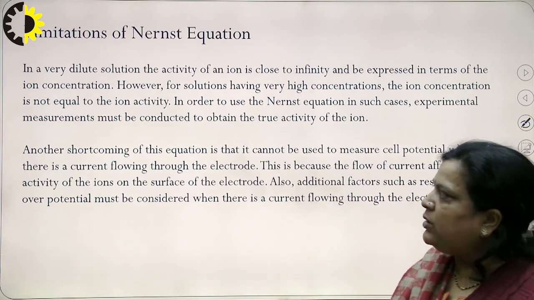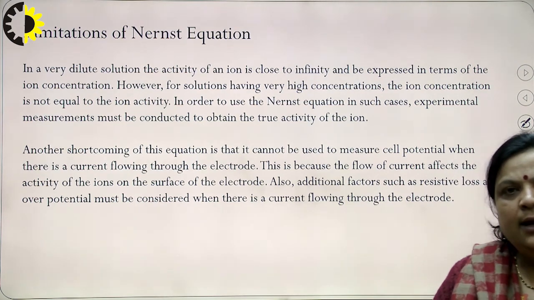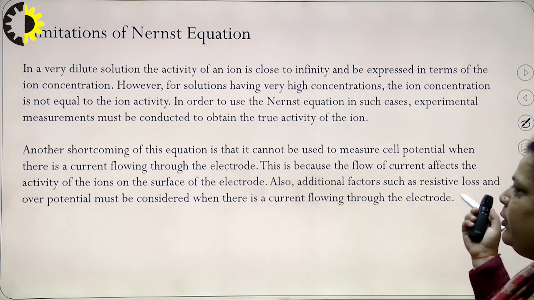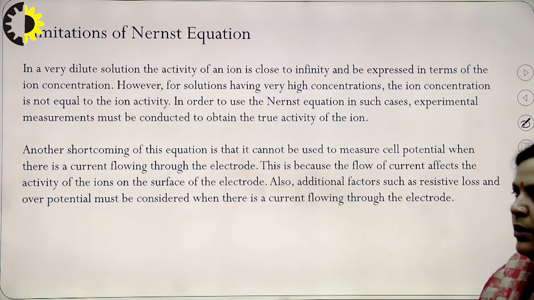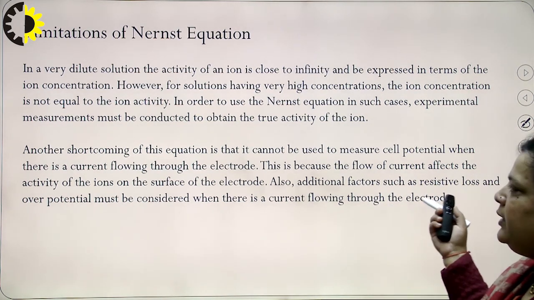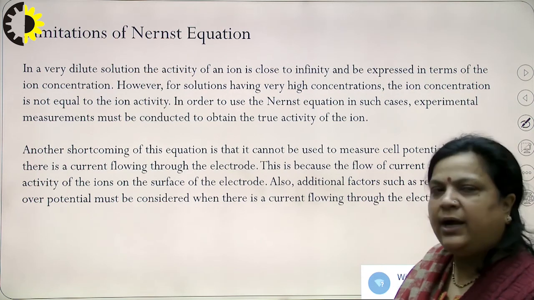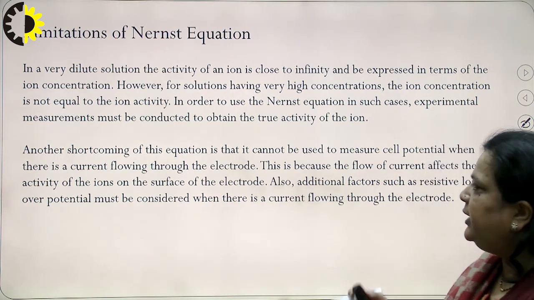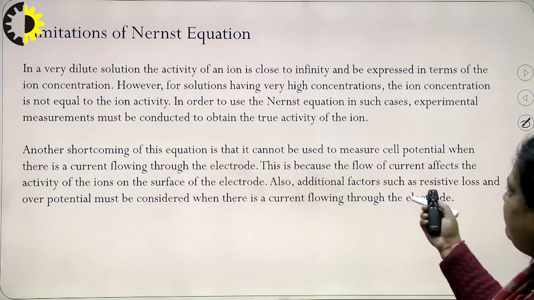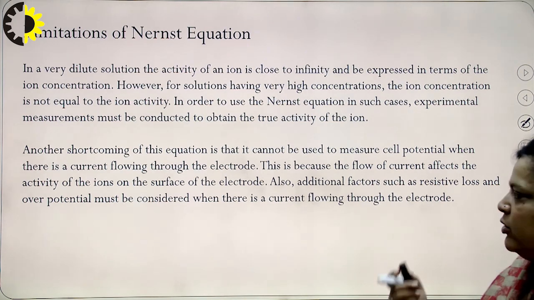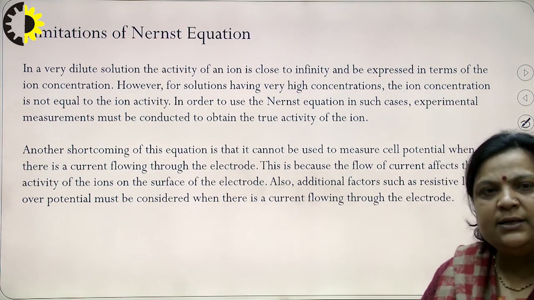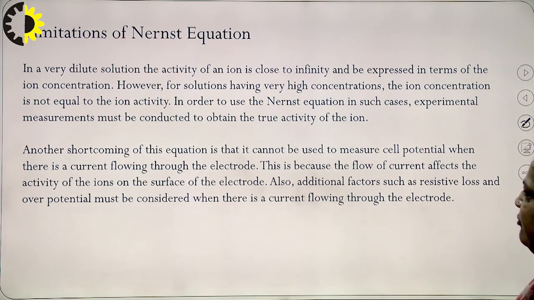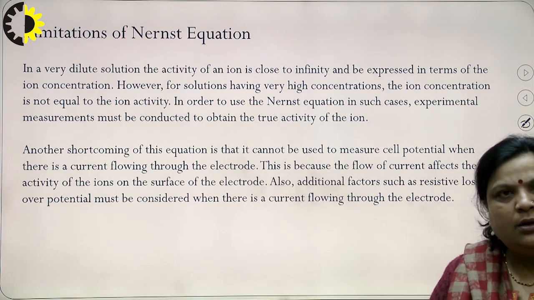Another shortcoming of this equation is that it cannot be used to measure cell potential when there is a current flowing through the electrode, because the flow of current affects the activity of ions on the surface of the electrode, and additional factors such as resistive loss and overpotential must be considered when there is a current flowing through the electrode.